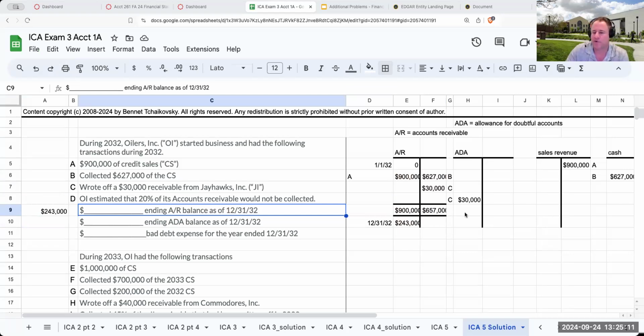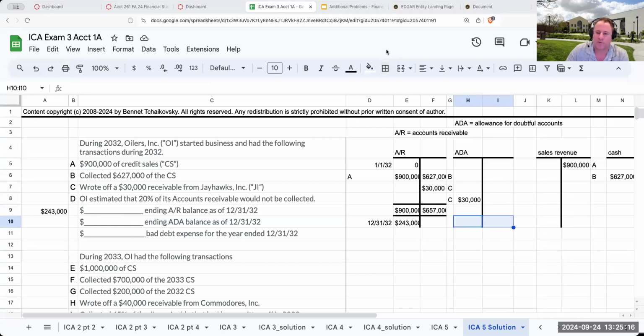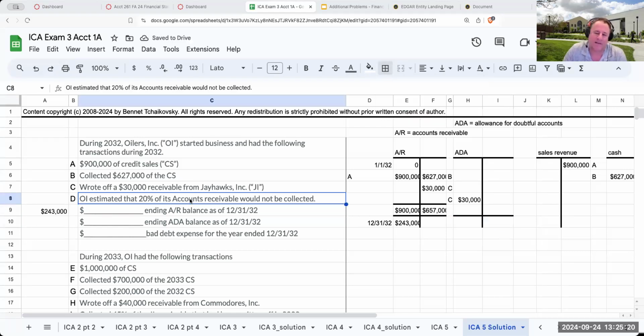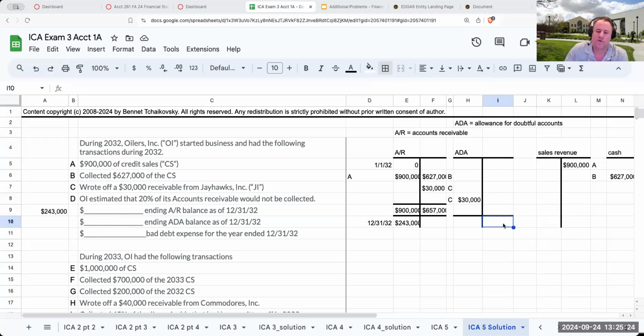Now, what is the amount that I'm expecting not to collect? Well, it says I'm estimating that I will not be able to collect 20%. So we're going to take 243,000 times 0.2. And this is going to give me 48,600. Now, what exactly does this mean?